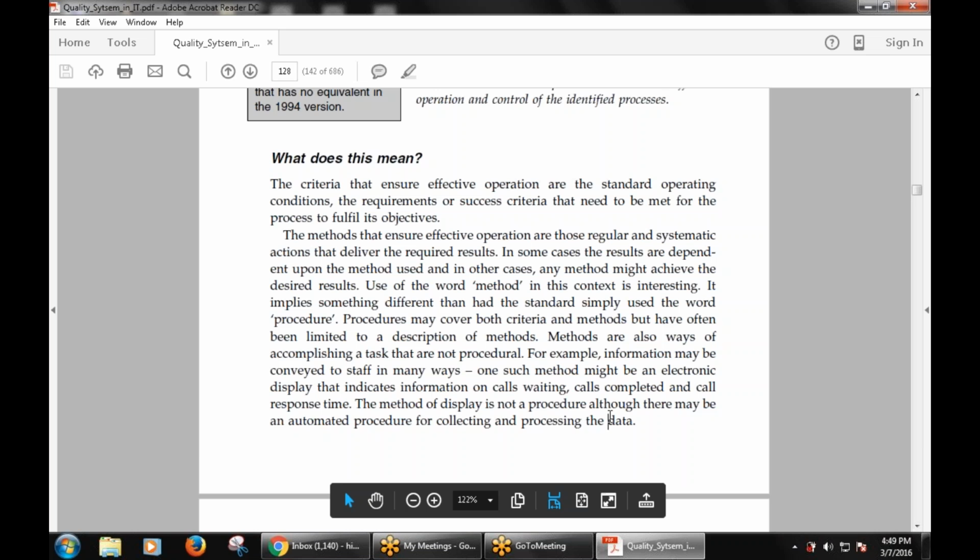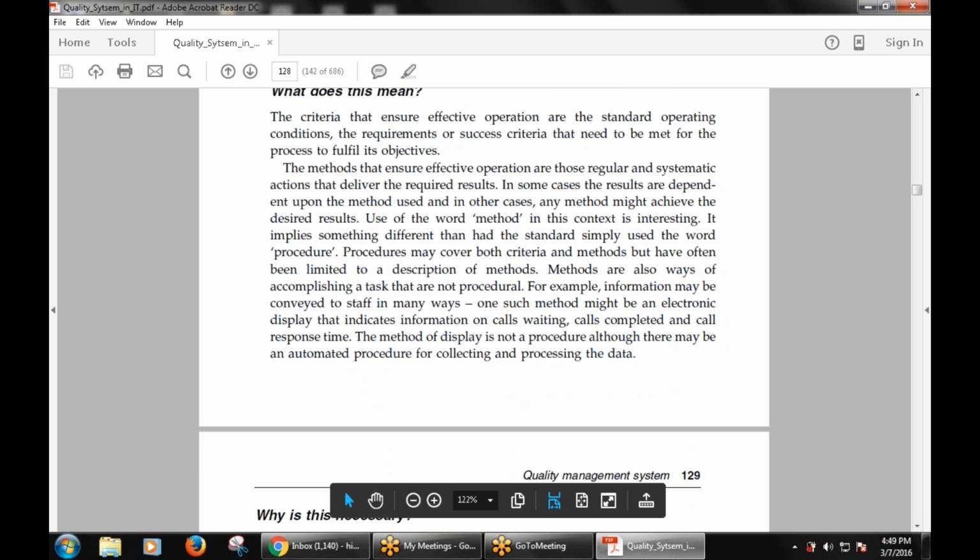So whenever I want to show any information to the staff, that may be displayed by using the electronic display on call waiting, call completing, and the call response. And the method of display is not a procedure, although there may be an automatic procedure for collecting and processing the data.